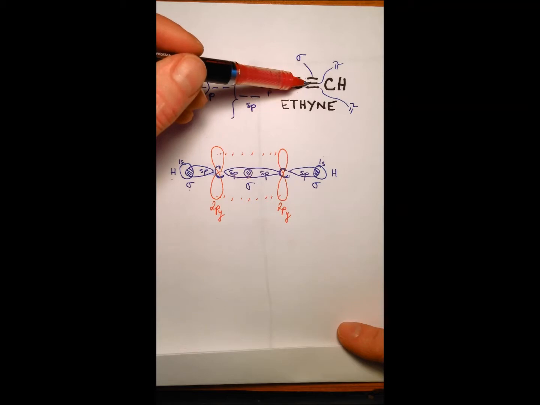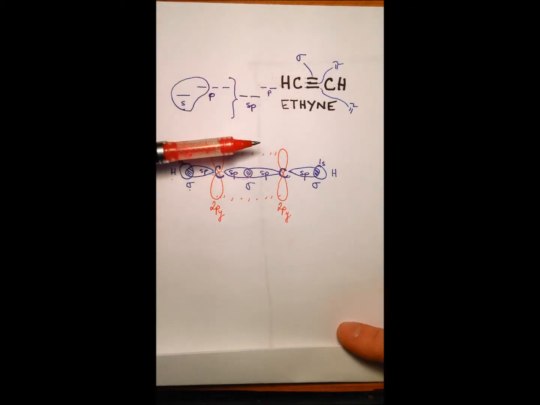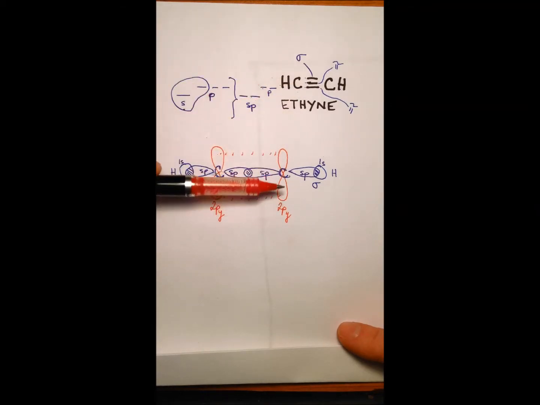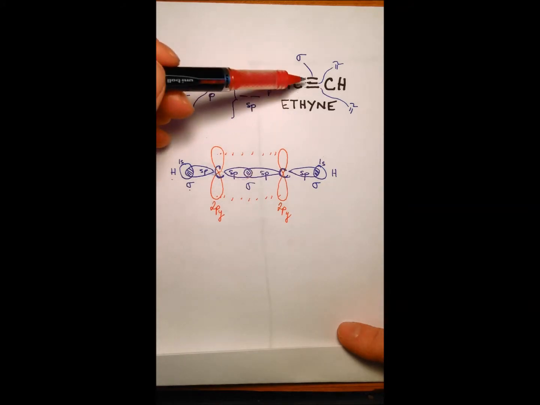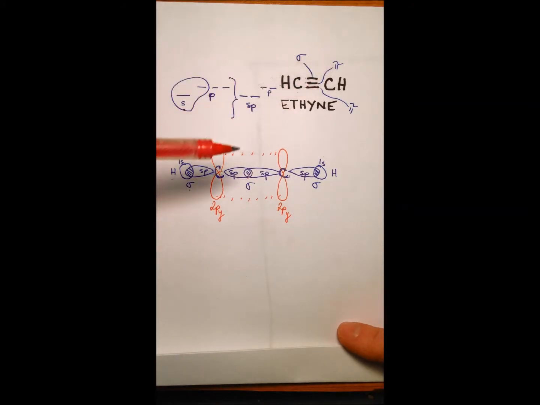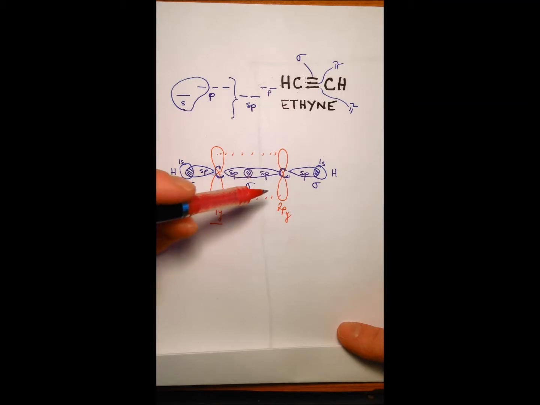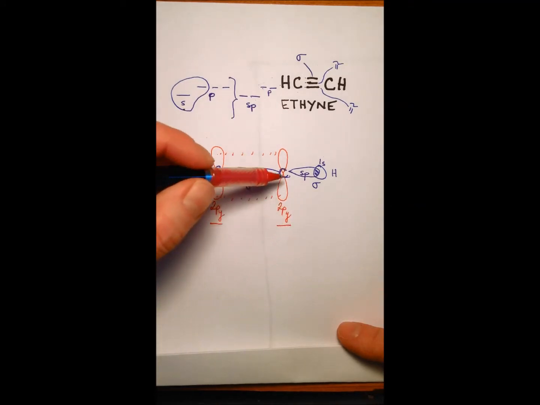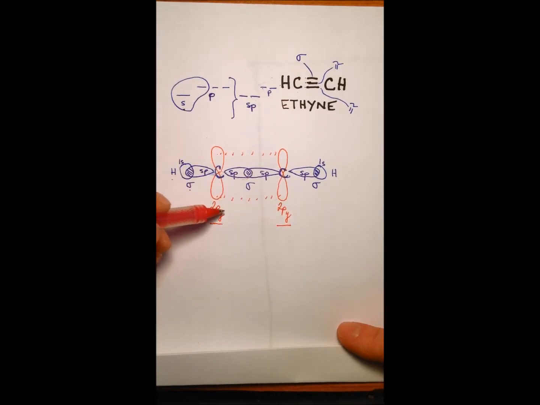So one pi bond has an indirect overlap, say, above and below the bond axis. This pi bond is an indirect overlap between the 2py on carbon number 1 and the 2py on carbon number 2. I have to match the letters, otherwise they wouldn't align to interact.